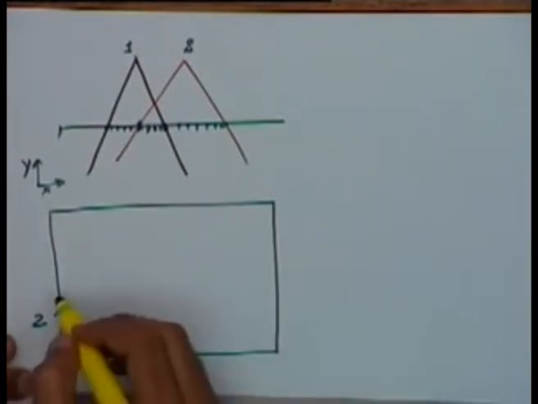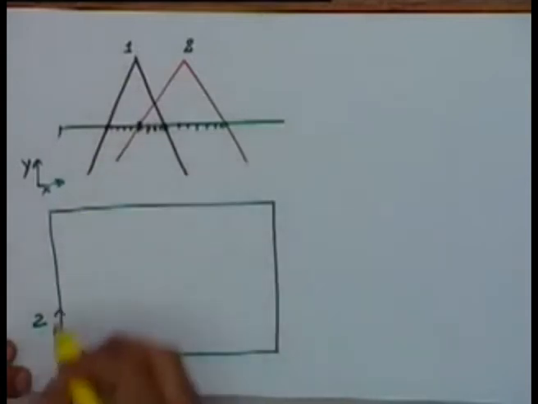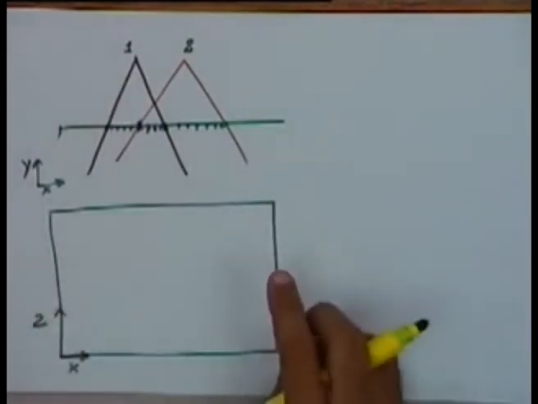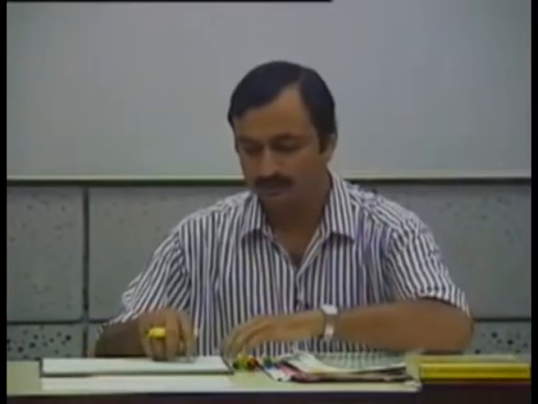Now in this xz plane, the intersection of a horizontal plane, this xz is a horizontal plane, with any of the polygons can only give me a straight line. Two polygons can only intersect in a straight line.